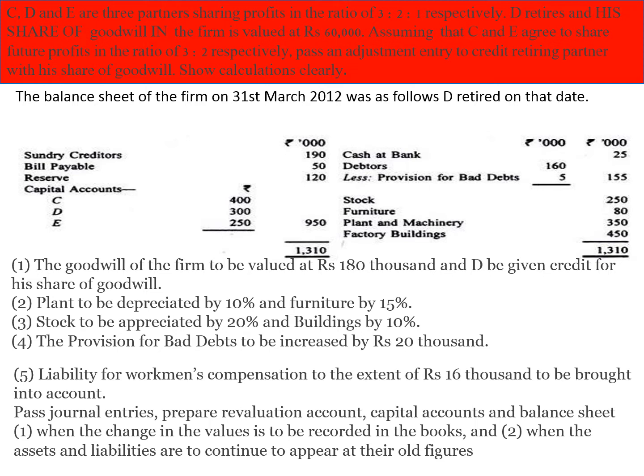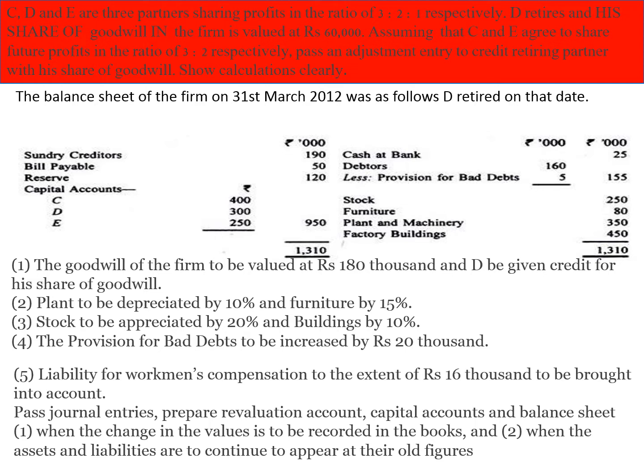In this question, we are taking both the cases: where the change in the value of assets and liabilities is to be recorded in the books, that is, assets and liabilities are to be shown at new value; and when the assets and liabilities are to continue to appear at their old figures, that is, there will not be any change in the assets and liabilities.